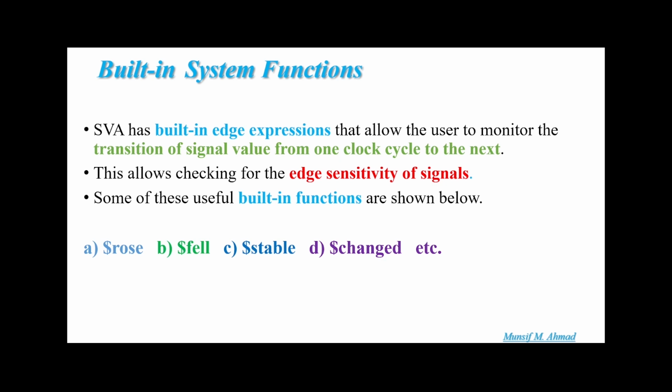I hope you are aware of edge sensitivity, posedge and negedge, right? Some of the useful built-in functions are $rose, $fell, $stable, $changed, $past, etc. We are going to discuss a few of them in today's video.